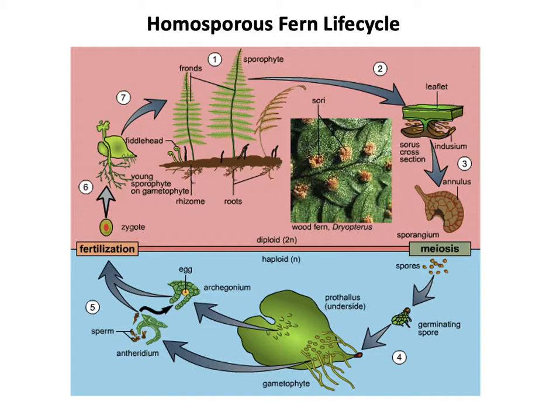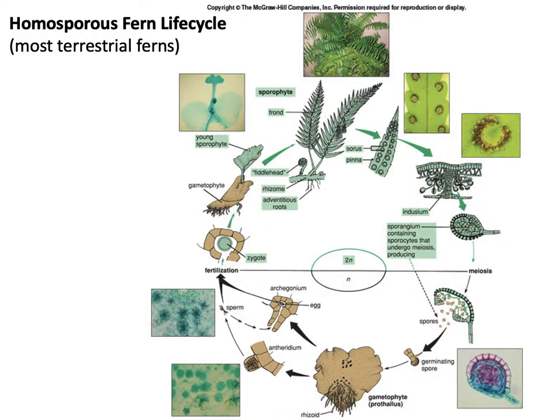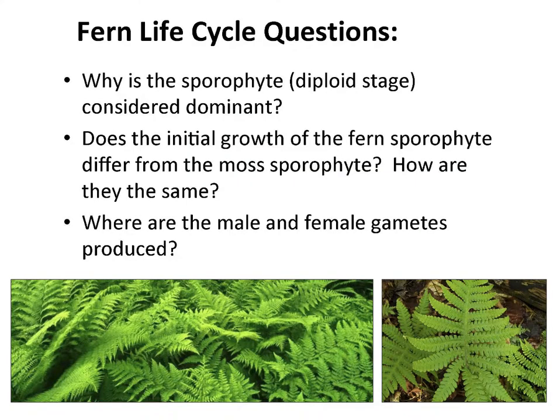And our homosporous fern life cycle makes certain that you can describe all parts of this life cycle as you prepare for the exam. And here's another picture with more photos of this life cycle, where we alternate between the sporophyte and gametophyte generations. As you're studying for the exam, make certain that you can answer these fern life cycle questions.